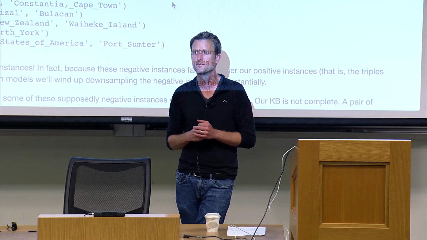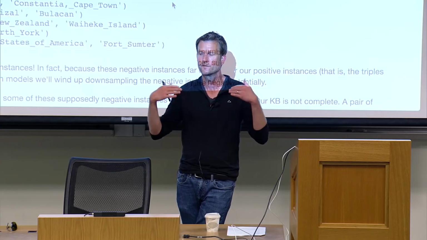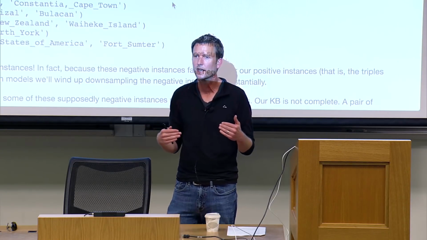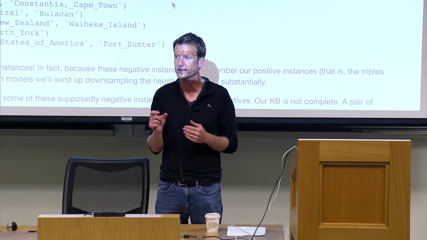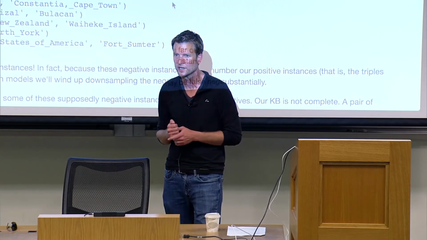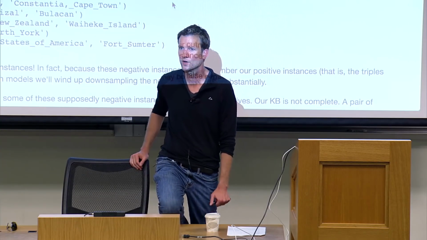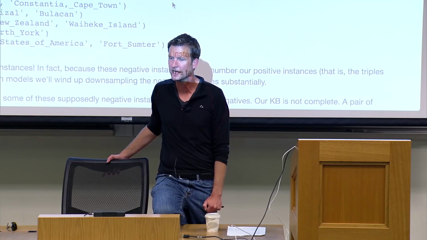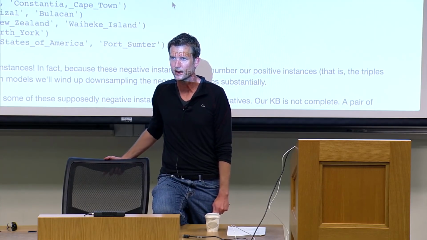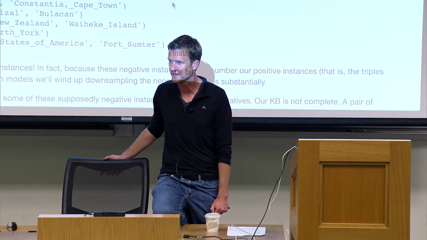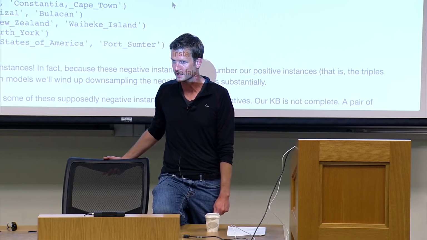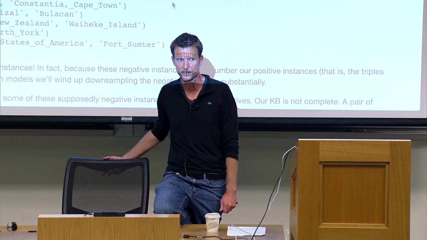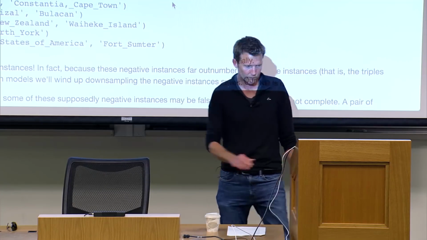So we have some evidence for them. We have features for them. But pairs of entities that are unrelated according to the knowledge base. That is, they don't appear together in any KB triple in the knowledge base. So these are pairs of entities that appear to be unrelated, but where we have sentences that they co-occur.